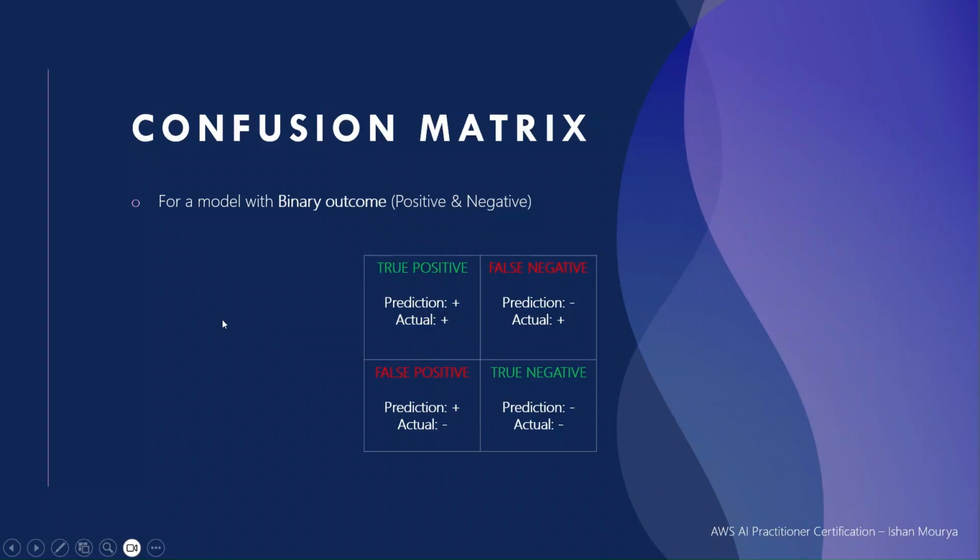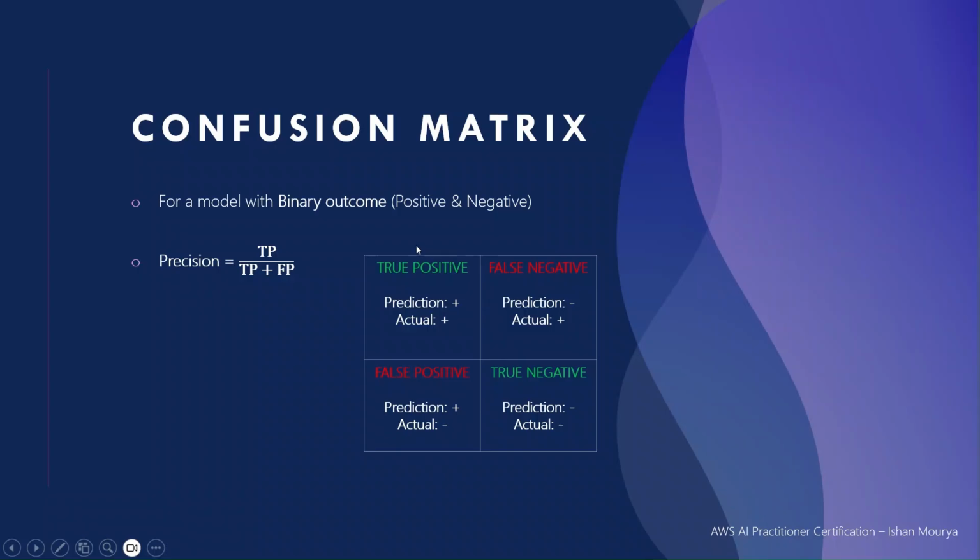Based on these four metrics, we have some calculations. We don't need to exactly remember these formulas, but we just need to know how it works. First is precision. Precision is true positive divided by true positive plus false positive.